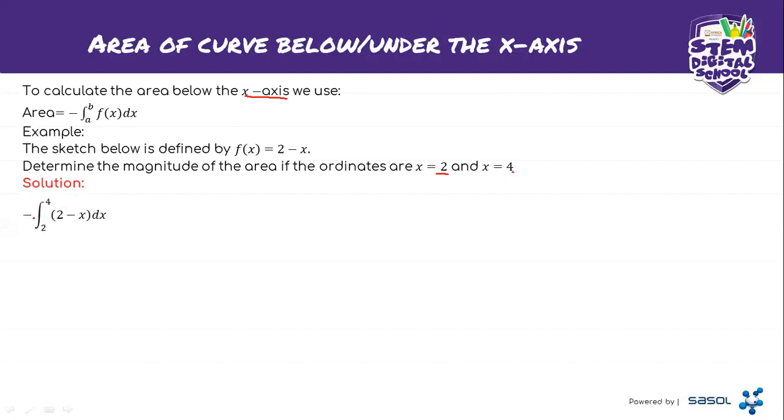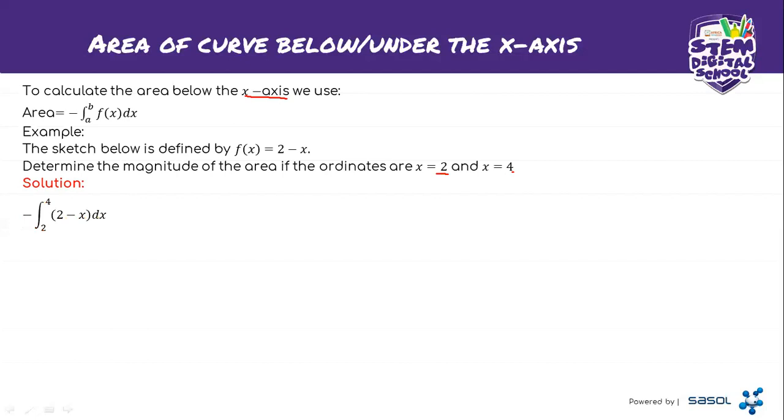Remember, the shaded part we are calculating is below the x-axis. So we're going to say negative, the integral sign with the lower limit equals 2 and the upper limit equals 4. Then our equation is 2 minus x dx.